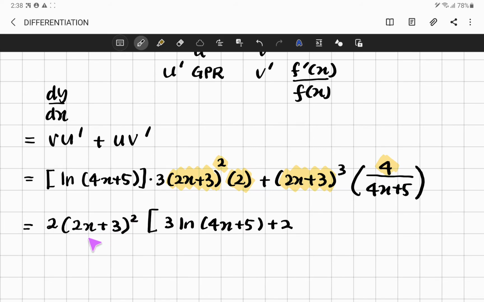We already took out (2x + 3)^2, times (2x + 3)^1 to get (2x + 3)^3, over 4x + 5.